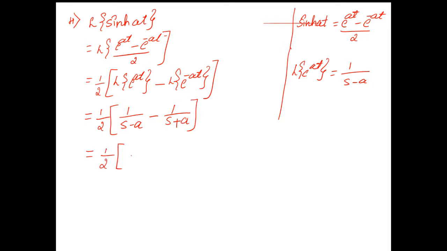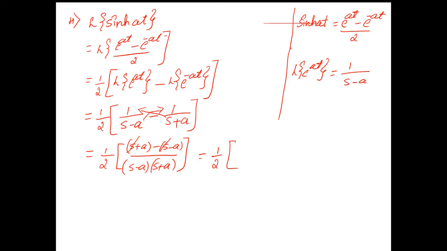We'll take the common denominator, s minus a into s plus a, and multiply here by s plus a and here by s minus a. So we'll get s plus a minus s minus a. Further, 1 by 2, and s and minus s get cancelled.